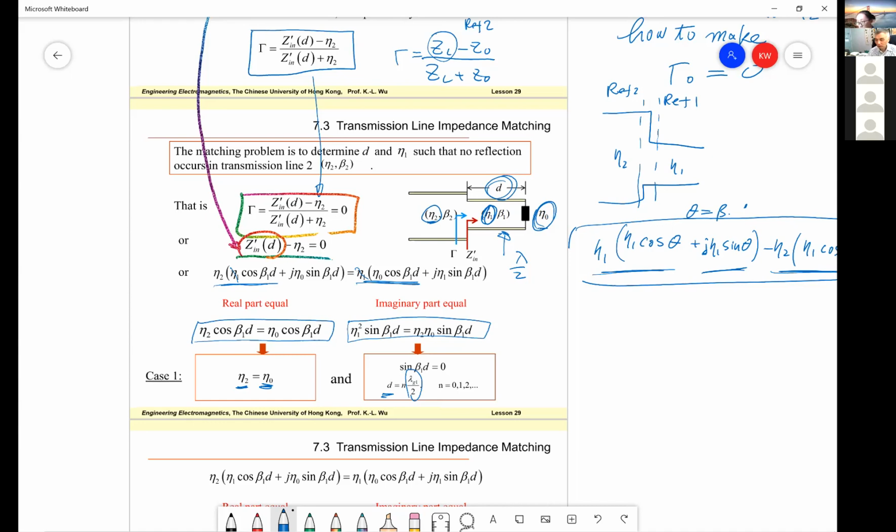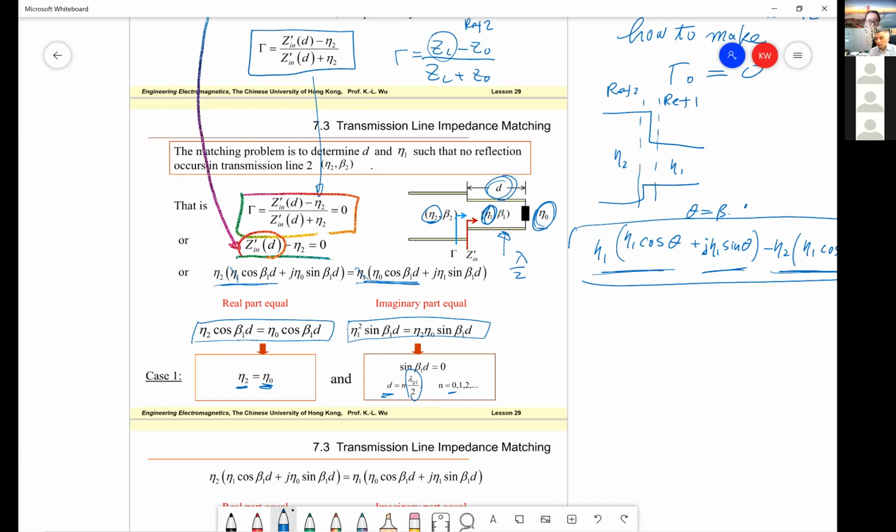That's the question, right? If n equals 0 and the length d equals 0, it just tells you to find a transmission line with characteristic impedance the same as your load. This doesn't give me any suggestion, right?